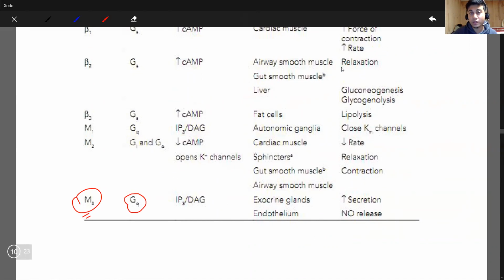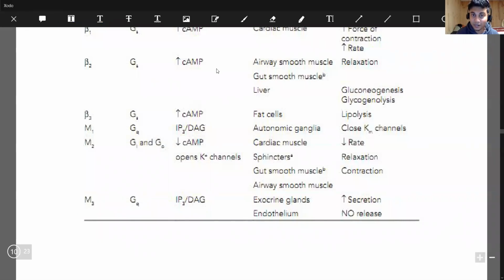This Gq coupled receptor works by IP3 and DAG, right? That works on the exocrine glands and endothelium. In the exocrine glands, it leads to secretion. In endothelium, it releases nitric oxide. Got it? So for this M3 receptor, the ligand is acetylcholine.